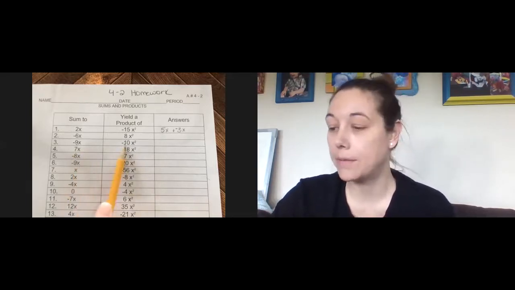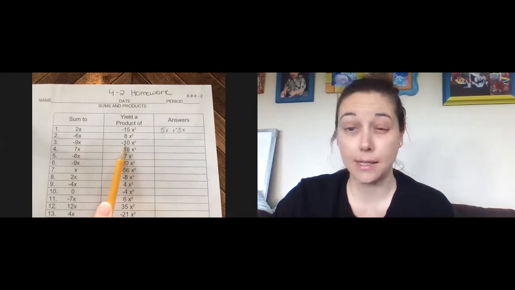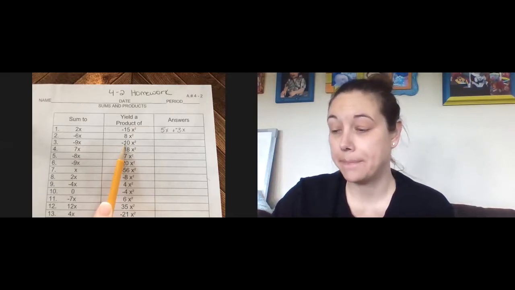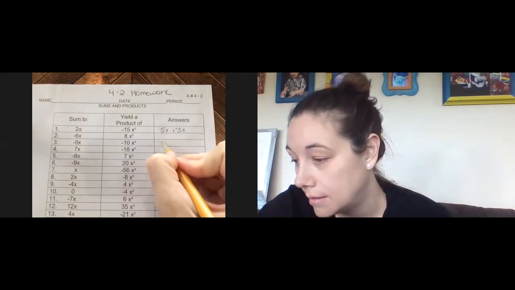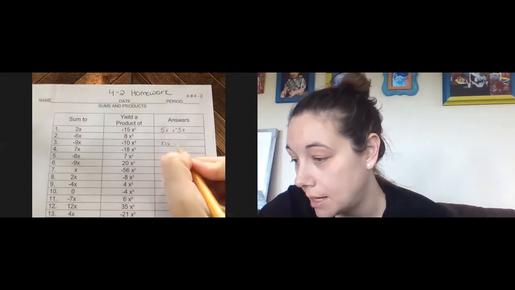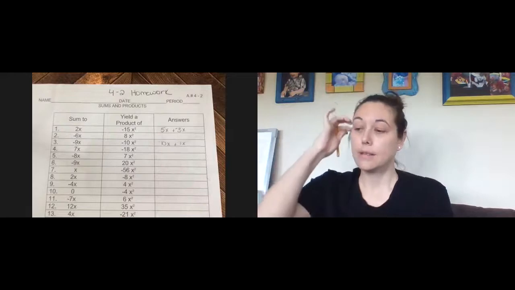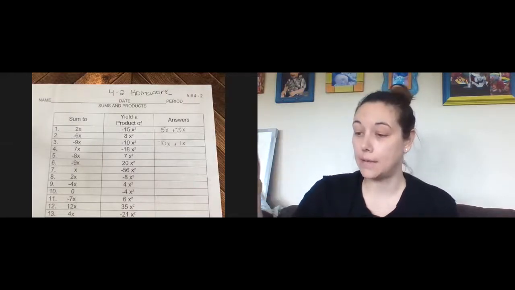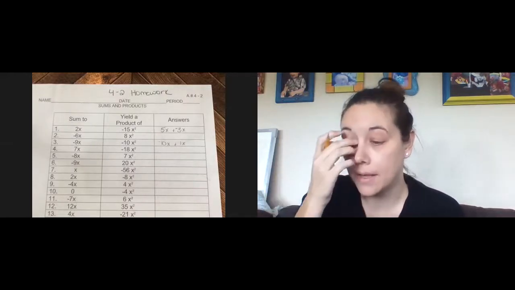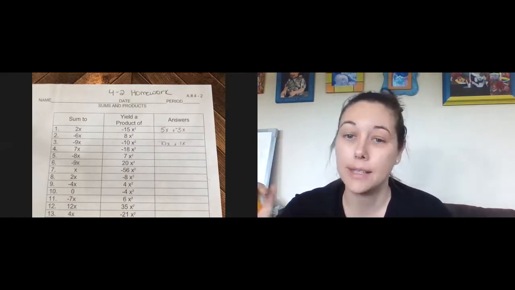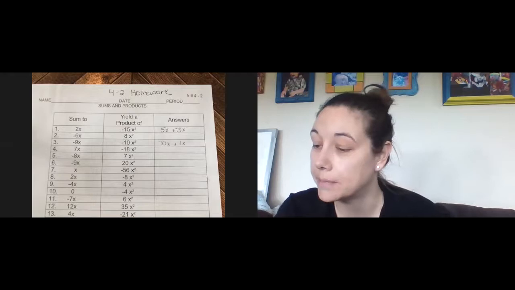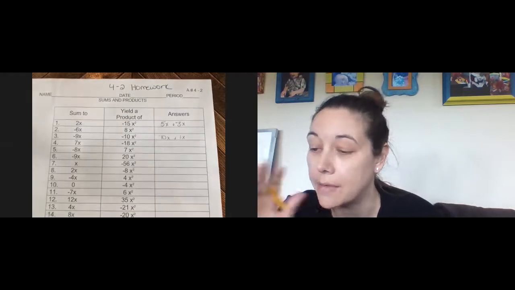Okay, some factors of negative 10x squared: negative 10 and positive 1, negative 10x and 1x. When we multiply those together, we get negative 10x squared. And when we add them together, negative 10x plus a positive 1x gives us negative 9x. Perfect. Okay, let's take a look at number 5.